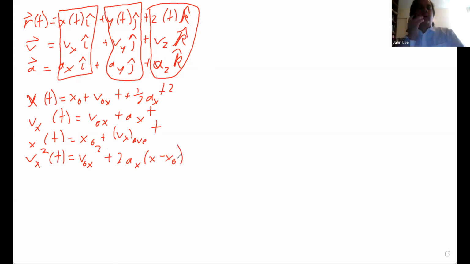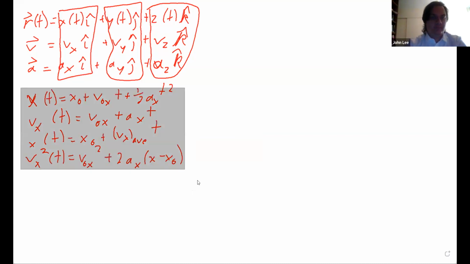So these are the equations we came up with last time, the equations of motion in one-dimensional kinematics.